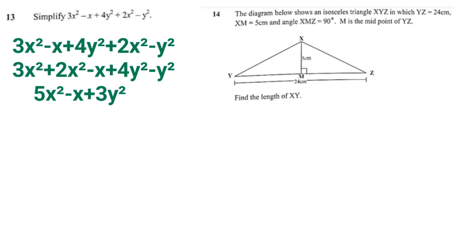So the length we want to find is this one, the one I've drawn in pink. Okay, so to find the length of XY, we're going to just consider this part of the entire triangle, this one here.